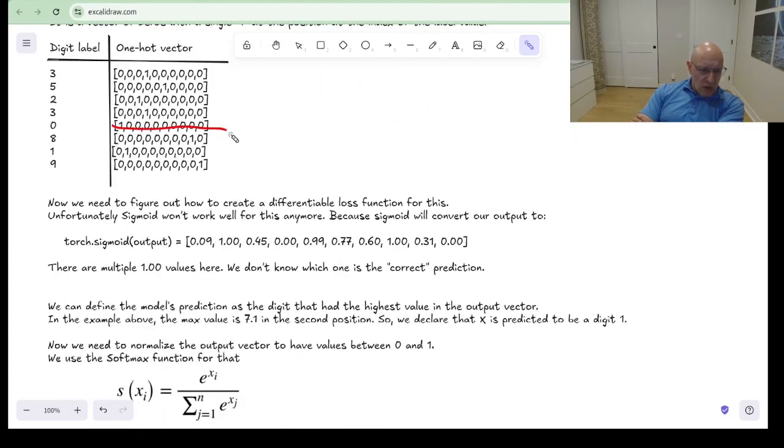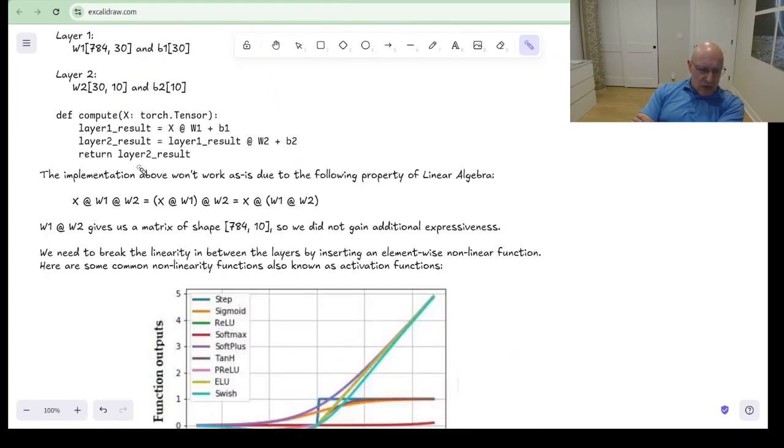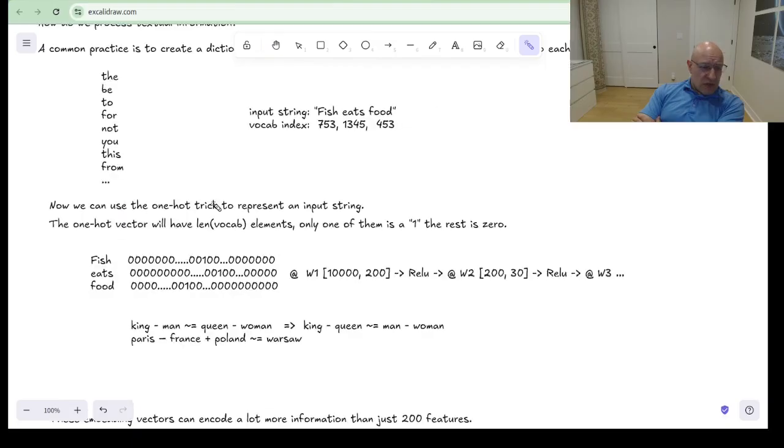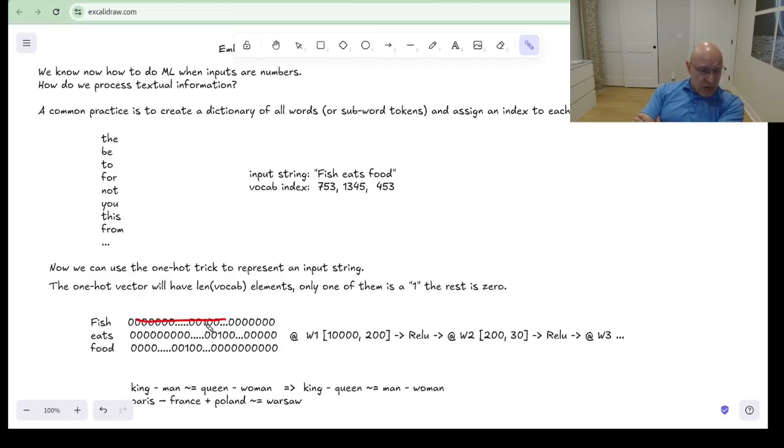With 10 digits, we had 9 zeros and a single one. In a vocabulary with 10,000 words, we'll have 9,999 zeros and a single one at the position of the word index. This can look quite silly, but we'll just go with this for now.